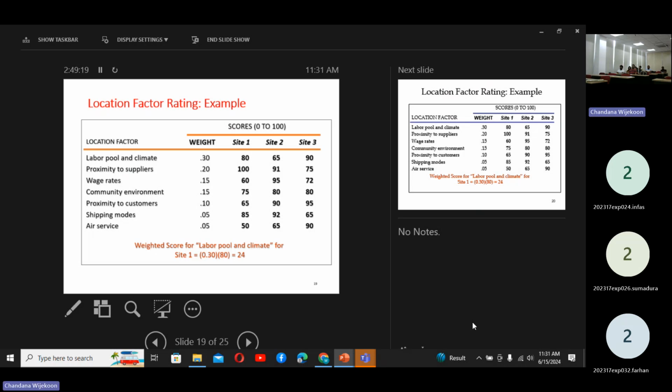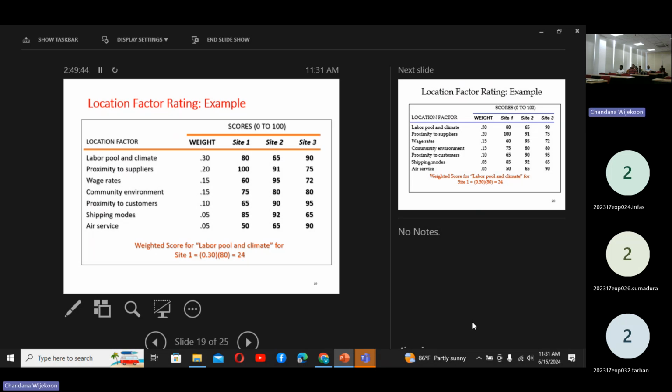In terms of labor pool and climate, by looking at the scores assigned by the specialists, which site is preferred and why? You get my question? These are scores assigned by the location specialist.